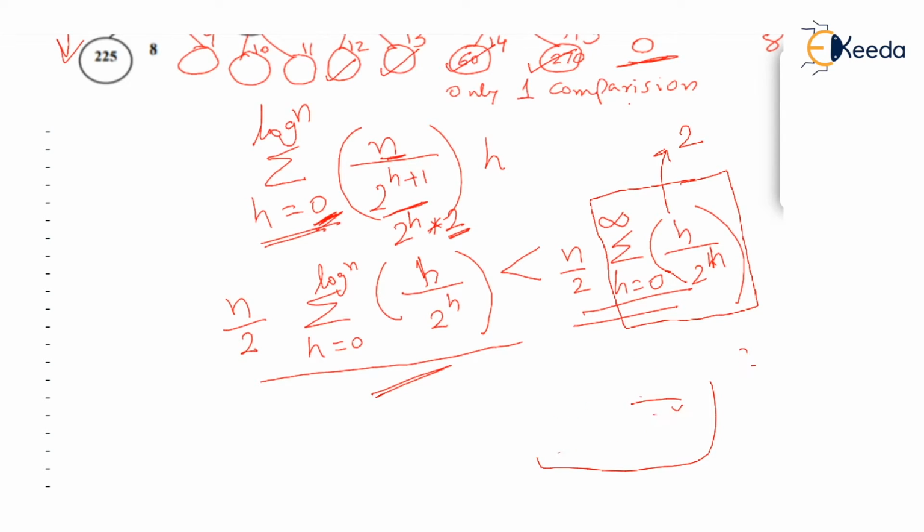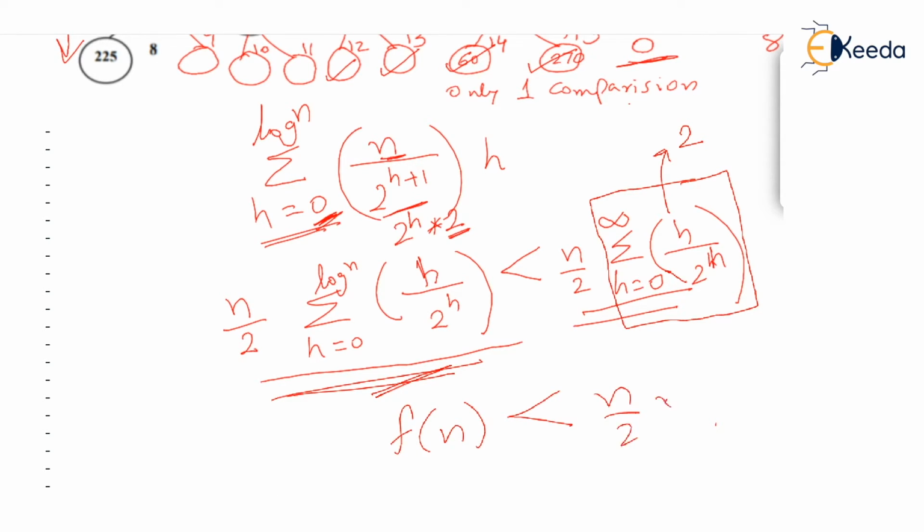So what you see is the left hand side function over here, let's call this f(n), is less than n by 2 into 2. That is n. And if any function is less than other function, we can say f(n) is big O of n, isn't it?